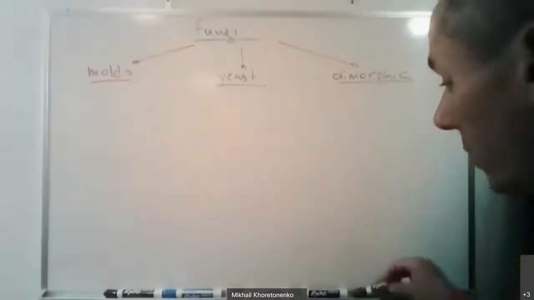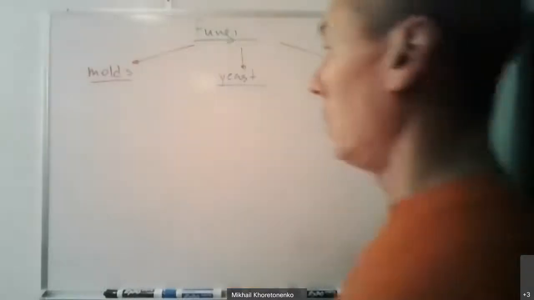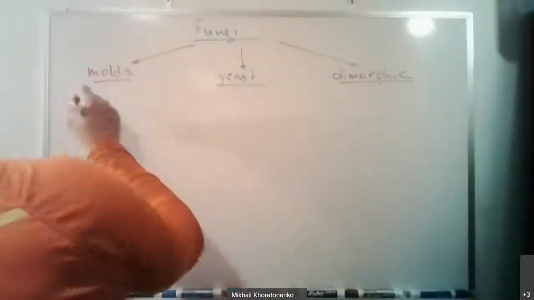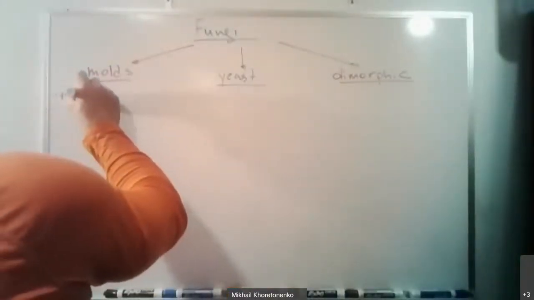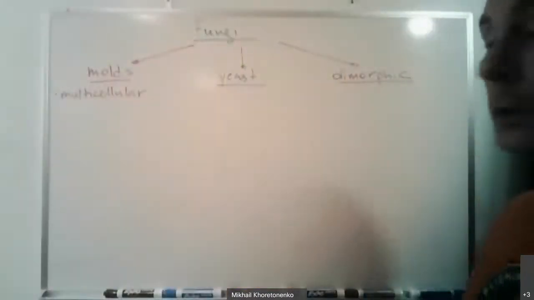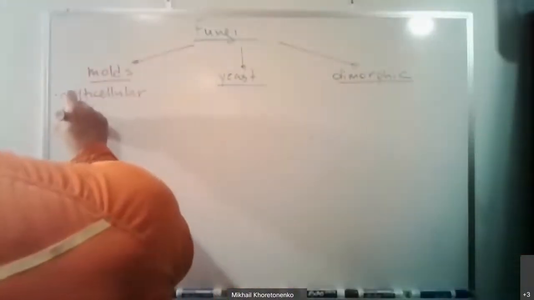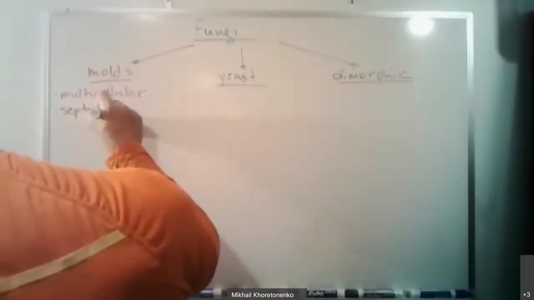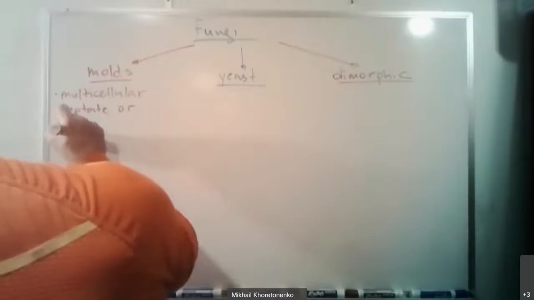Let's start our conversation with the molds. So molds are multicellular fungi. They consist of septate or non-septate hyphae.